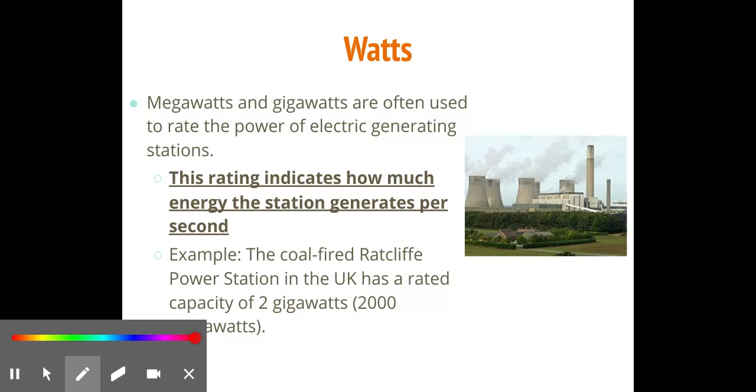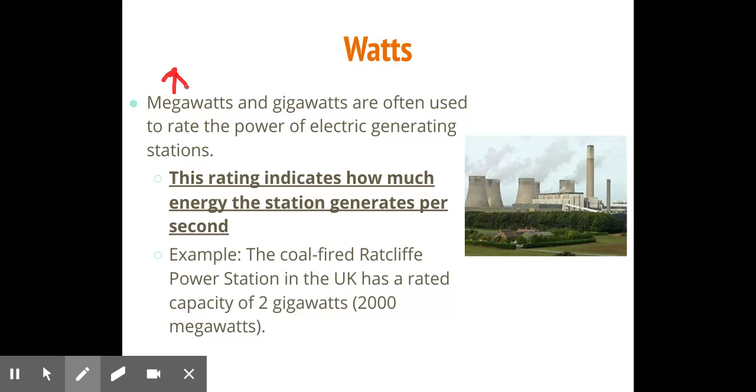Mega is a prefix in the range of SI units. Mega is denoted with a capital M, which I think we've done some examples of, and mega is equal to 1 times 10 to the 6th power.